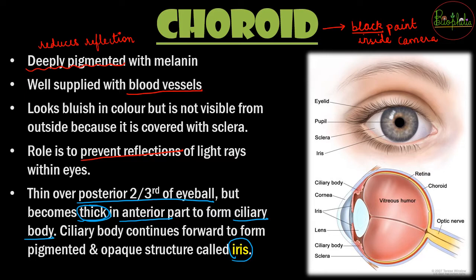The posterior 2/3 part is thin enough, but the anterior part is very thick, and this thick part is called the ciliary body. The ciliary body, present at the anterior 1/3 part, continues to form your iris. The colored part of the eye is called the iris. So that was about the choroid, ciliary body and the iris.